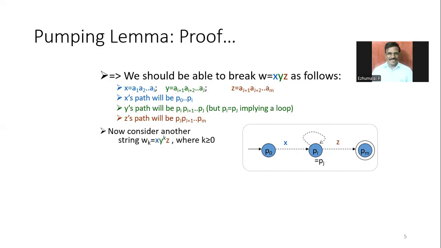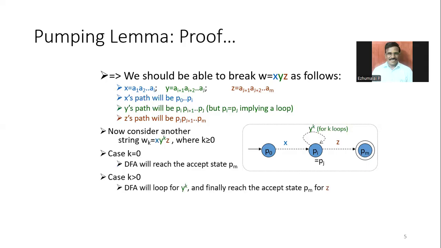Now consider another string wk equal to x y^k z, where k is greater than or equal to 0. Here y will be repeated a number of times. In case k equals 0, the DFA will reach the accepting state pm. If k is greater than 0, the DFA will loop on y k times and finally reach the accepting state pm on z.